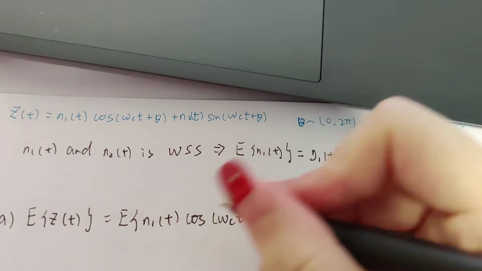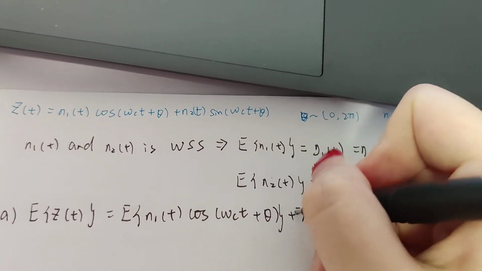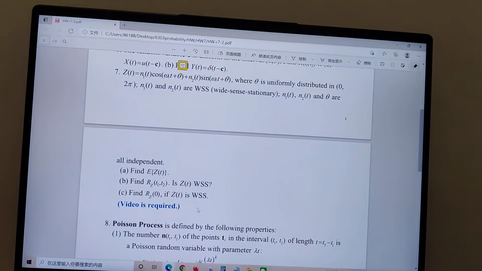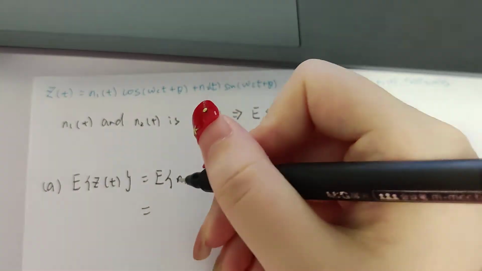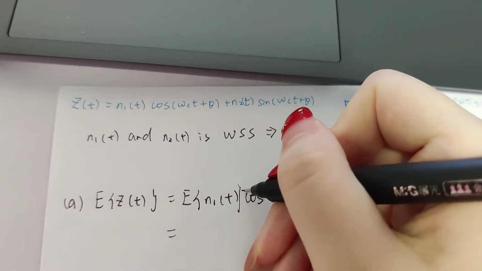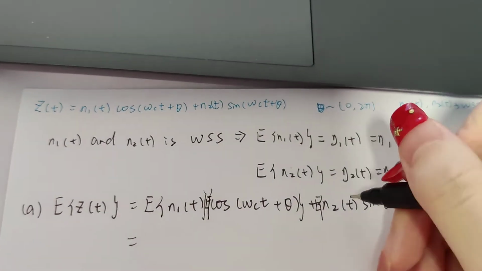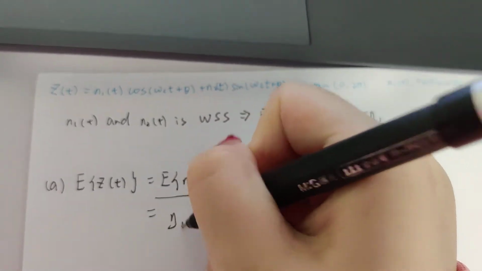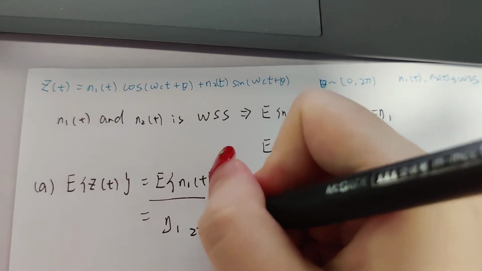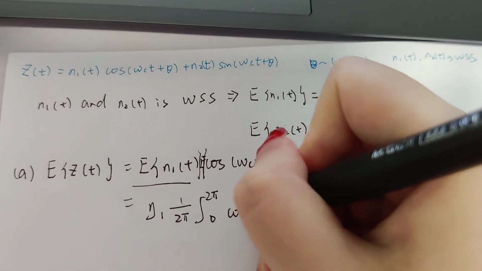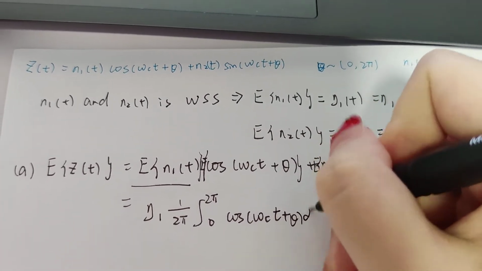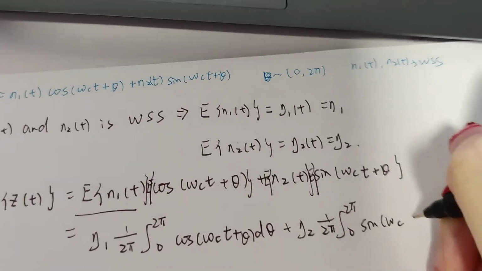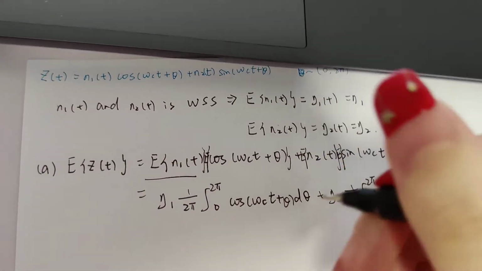Because N1(t), N2(t), and theta are all independent, this equals the expectation of N1(t) multiplied by the expectation of the cosine term, plus the same for N2(t) and the sine term. The first equals eta 1, and the second equals 1 over 2 pi, integral from 0 to 2 pi of cosine(omega_c t plus theta) d theta, and the sine integral likewise equals 0.